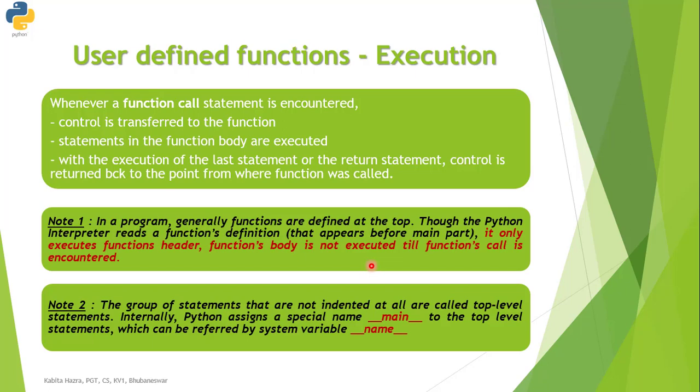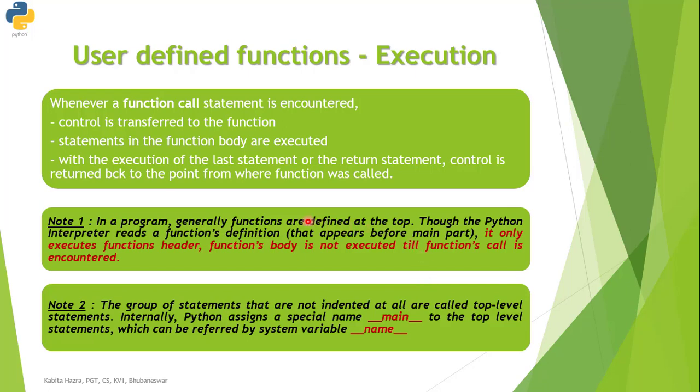We know in Python blocks of statements are represented through indentation. So the part of the program which is not indented comprises the main part, and Python calls it __main__, and this main part is referred to by a special system variable __name__.